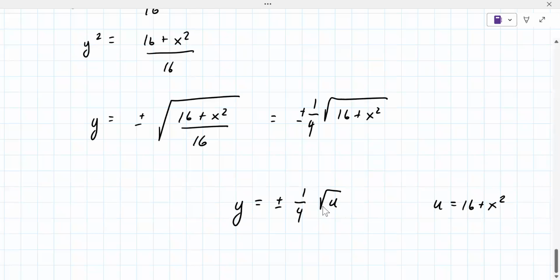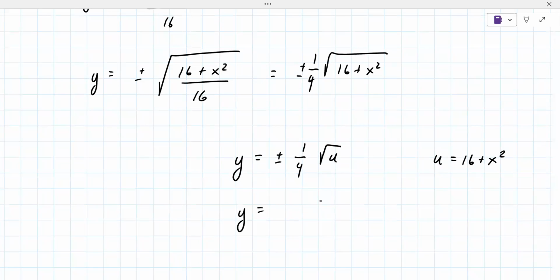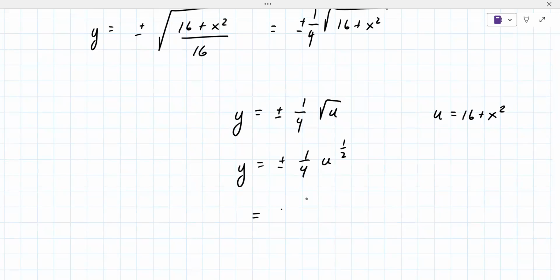So now you know how to take the derivative of this on the right. You could rewrite it as u to the 1/2 power. And then this is just a power derivative. So you're bringing the 1/2 down, plus or minus. So it's 1/4 times 1/2 is 1/8 times u to the minus 1/2 times u prime.